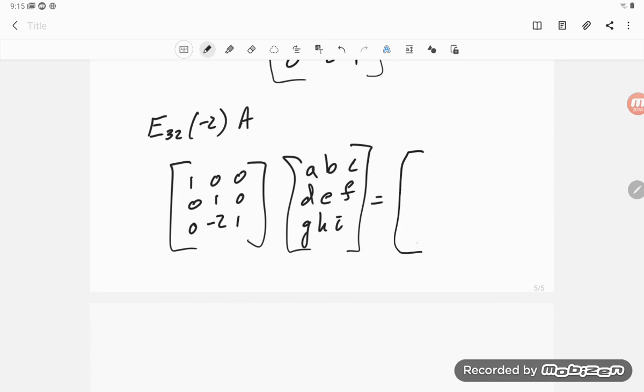So the first 2 rows, we just get A, B, C, D, E, F. But then the third row, because that's where we wanted to put it back, right? We have nothing times A, but then -2 times D plus G. So that's G minus 2D.